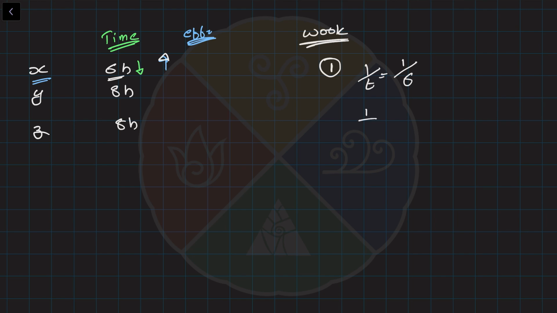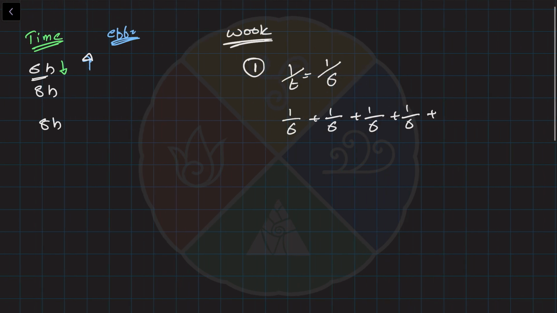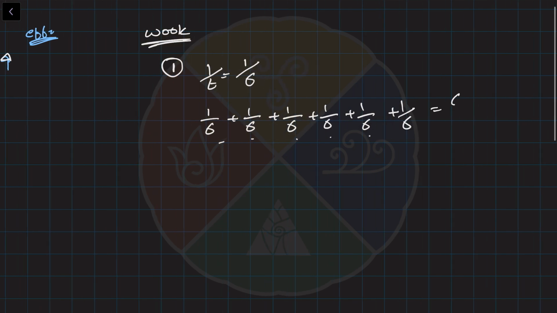Why? Because first hour he'll be doing 1 by 6, second hour 1 by 6, third hour 1 by 6, and just like this, by 6 hours he'll be doing 6 by 6 or one work.